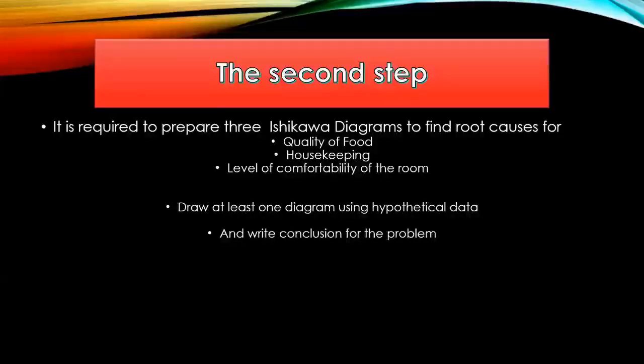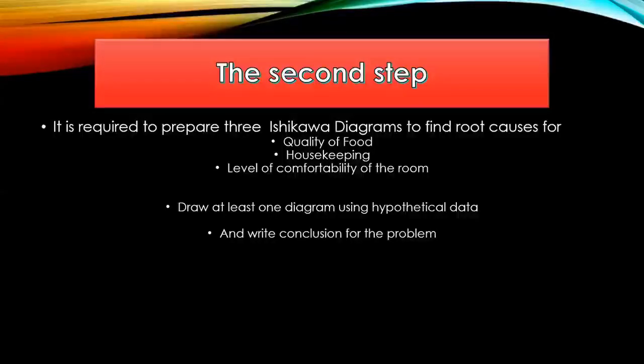Can we prepare one cause and effect diagram for those three? No, it is not possible. Because of that, we have to prepare three cause and effect diagrams. Right? That is the second step. It is not easy because we are required to conduct brainstorming sessions to get to know the root causes. Poor quality of the food is one factor, but you don't know the causes behind it.